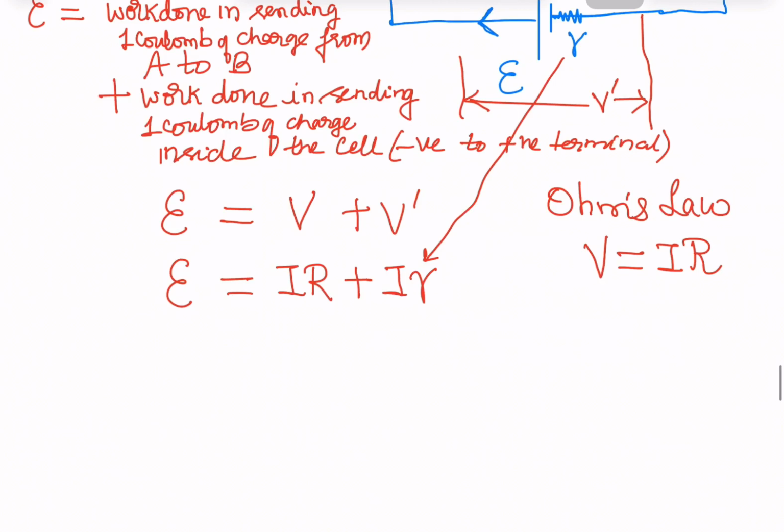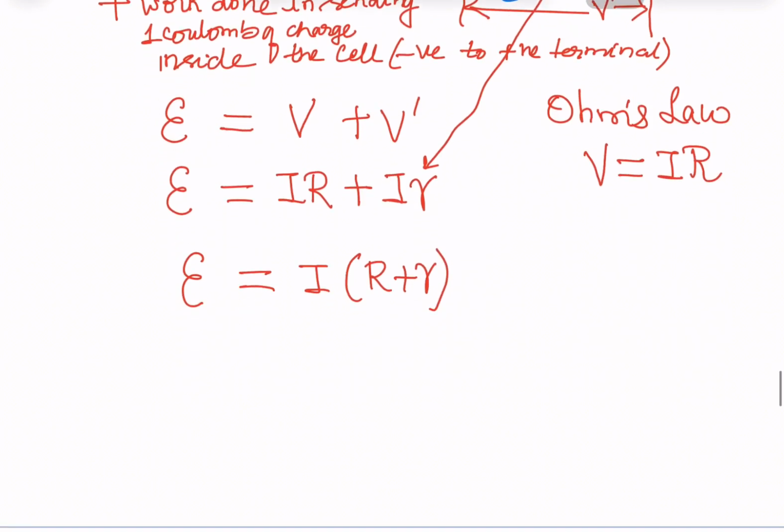This equation can be used to calculate the expression for the current in the circuit. Take I common factor, we will get R plus small r. Now divide throughout by R plus r.